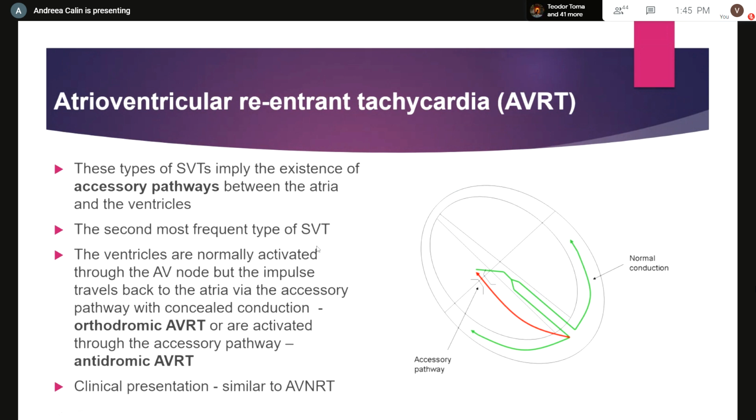The ventricles are normally activated through the AV node, but the impulse travels back to the atria very rapidly via the accessory pathway with concealed conduction. This is the orthodromic atrioventricular reentrant tachycardia, or the ventricles are activated through this accessory pathway, and this is antidromic atrioventricular reentrant tachycardia. And the clinical presentation is similar to all SVTs.